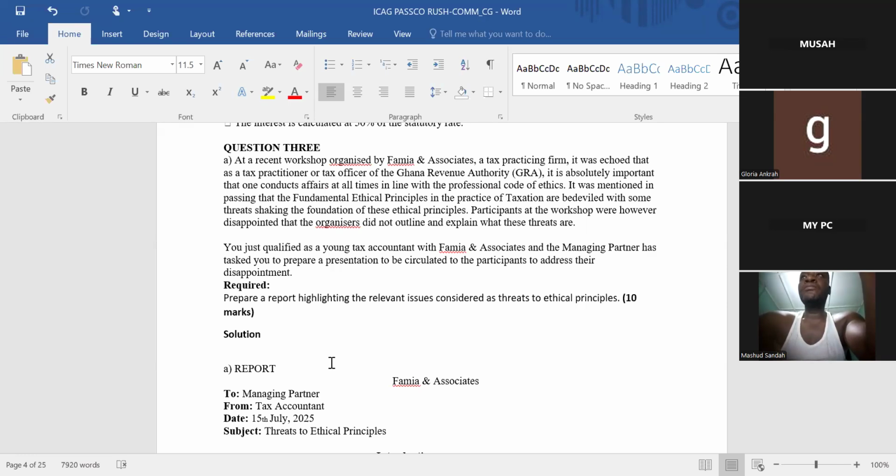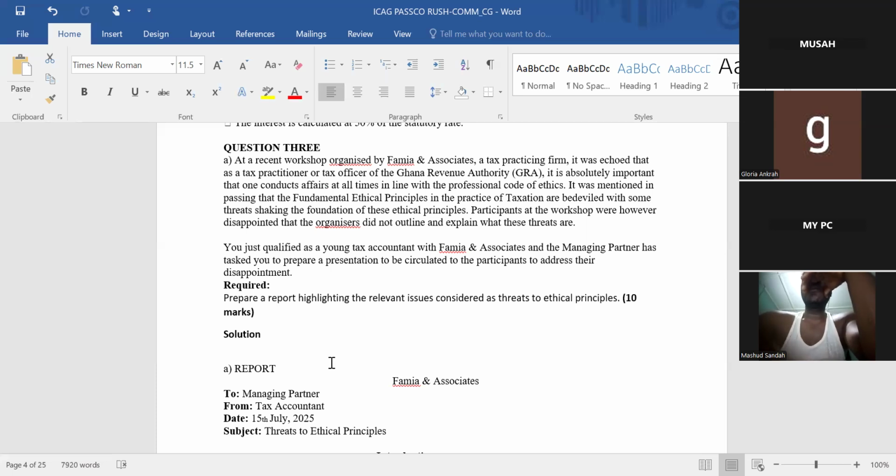Question 3 reads: at a recent workshop organized by Fami and Associates, a tax practicing firm, it was emphasized that as a tax practitioner or an officer of the Ghana Revenue Authority, it is absolutely important that one conducts affairs at all times in line with the professional code of ethics.